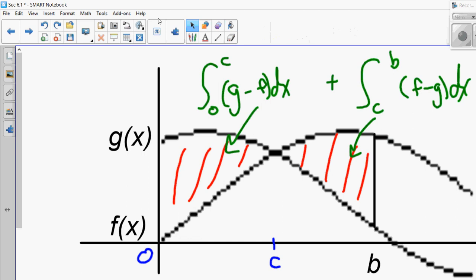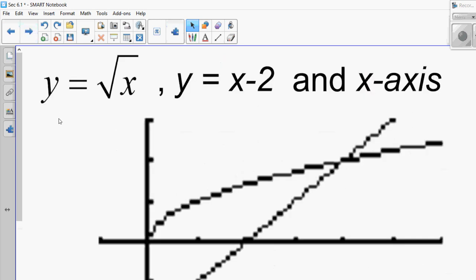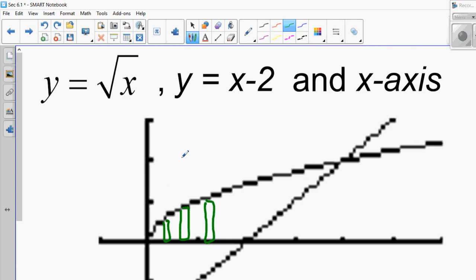So if you have these problems where they can be split up, you may have to break them into multiple integrals. So let's look at an example. Let's say we have this area. We have the area underneath the square root of x between the line y equals x minus 2 and the x-axis. So this area in here, and I'm showing the rectangles to help us visualize what's going to happen.